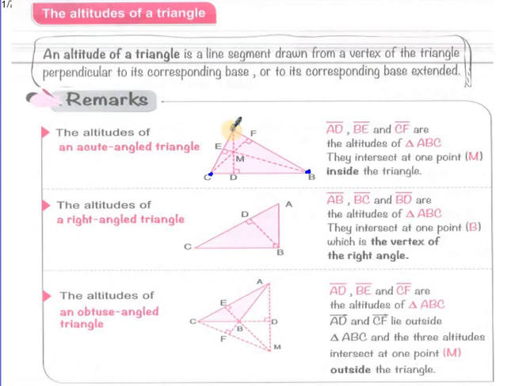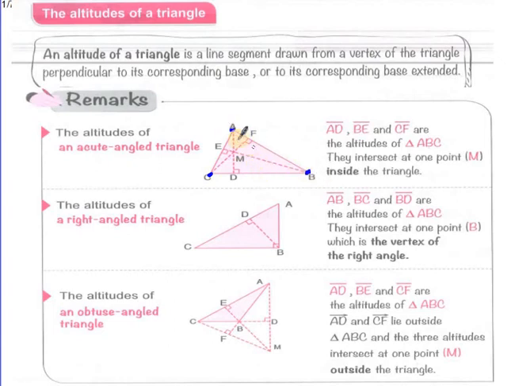This vertex's corresponding base is this one, this vertex's corresponding base is this one, and for vertex C, the corresponding base is AB.